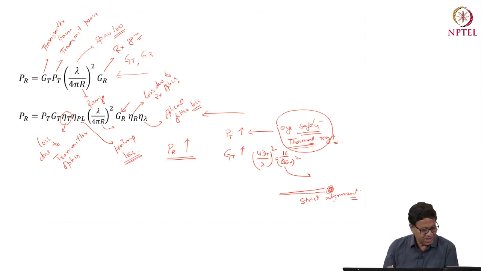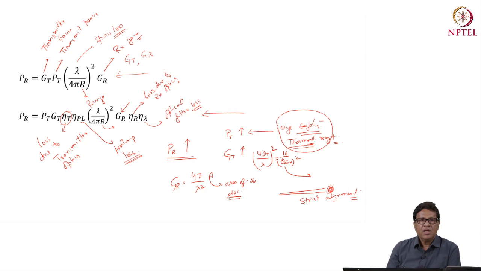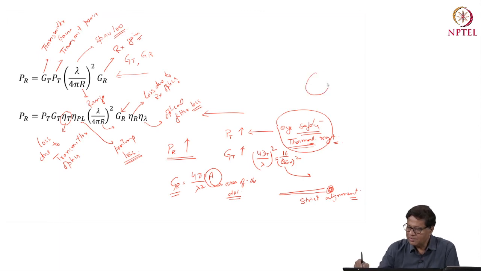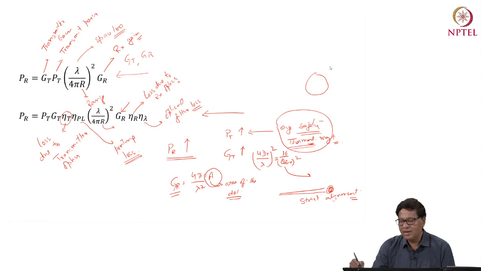Then you have the GR, and we know the GR is actually 4 pi by lambda square into the area of the detector, or the area of the receiving device. Now if I want to increase GR, it means I have to increase this area. The moment I increase the area of the receiving device, first of all, increasing the detector area will give you high capacitance.